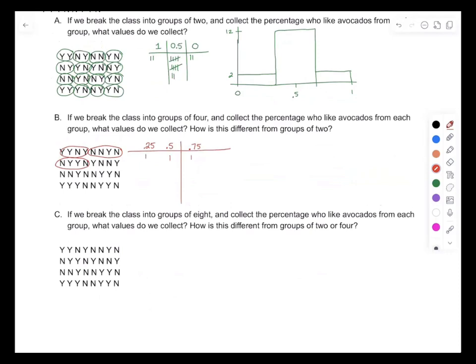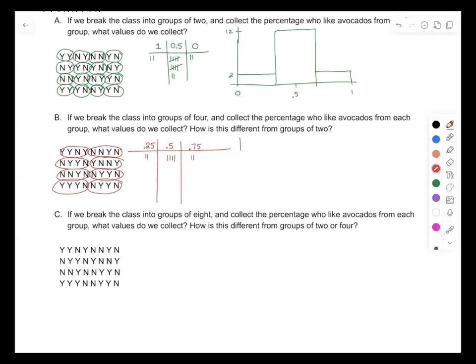I'll start putting some lines so I don't get confused. Here's another 50% even split. This one has 1 Y and 3 N's. That's in 25% too. 2 Y's, 2 N's, so I'm back in 50%. This one has 3 Y's and an N, so I've got another one in 75%. And another one right in the middle.